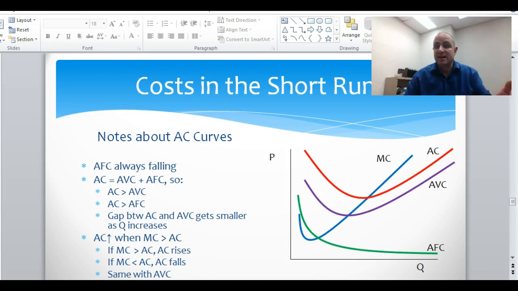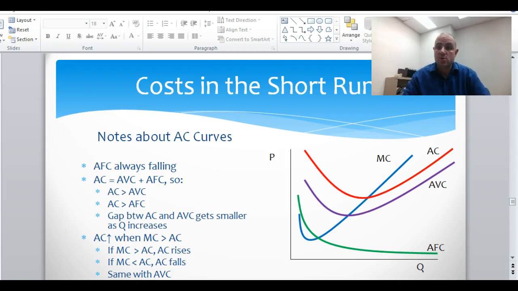So that 95 is going to bring up the average. The same happens with costs. If the marginal cost is below the average, it's going to pull down the average. And if the marginal is above the average, it's going to pull it up, the same as what happened with test scores.